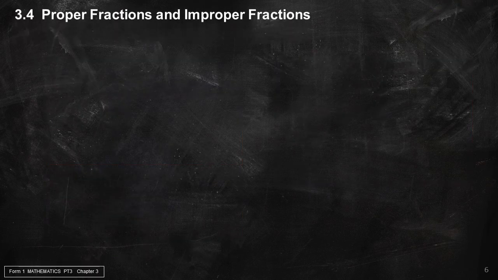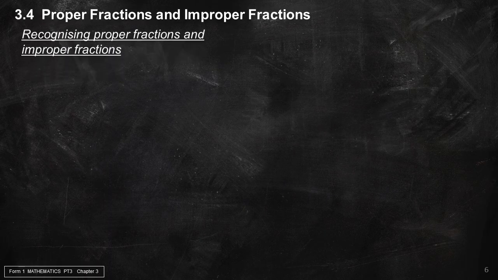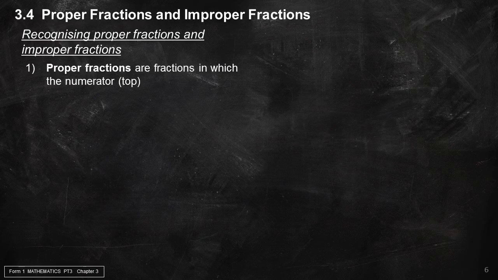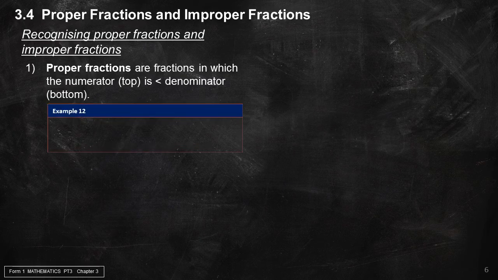3.4. Proper fractions and improper fractions. Recognizing proper fractions and improper fractions. 1. Proper fractions are fractions in which the numerator, top, is smaller than the denominator, bottom. Example 12. Some of the proper fractions are 3 over 7, 11 over 21, 113 over 117, etc. All proper fractions are smaller than 1. 2.